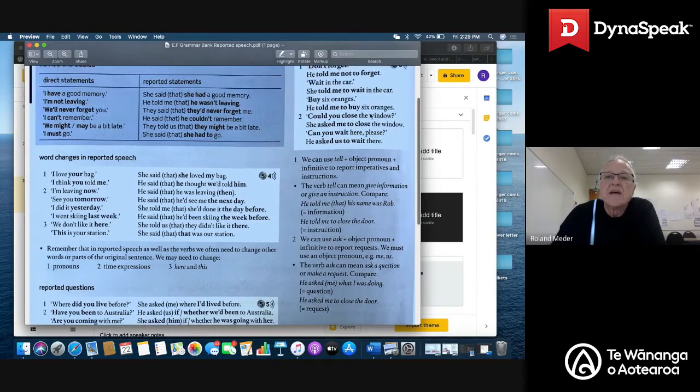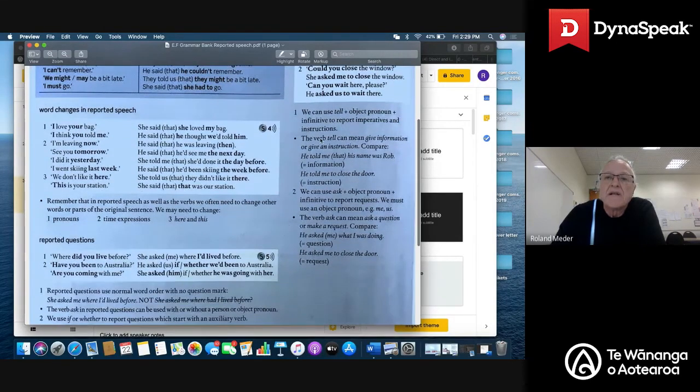So these are the imperatives or the instructions. The verb tell can mean give information or give an instruction. Compare these two. He told me his name was Rob, right? It's giving information. He told me to close the door. Okay, that's an instruction or a command, an order.